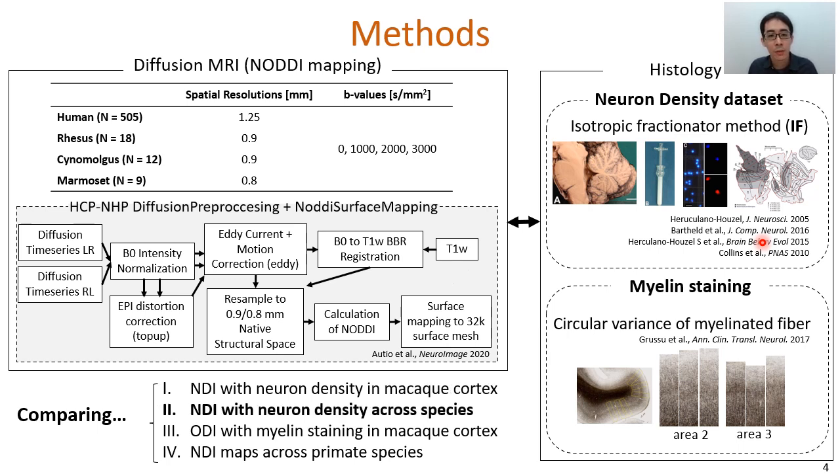Second, we investigated the whole cortical average values of NDI for each species, and compared them with mean cortical neuron density calculated from the published dataset by Herculano-Houzel after confirming the validity of cortical mass. Third, we also verified cortical orientation dispersion index, ODI, by comparing with cortical myelin fiber complexity in Gallyas staining in macaque brain. Finally, we investigated spatial patterns of cortical NDI mapping across species.